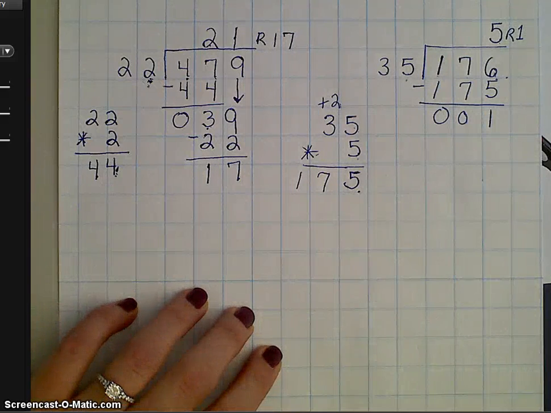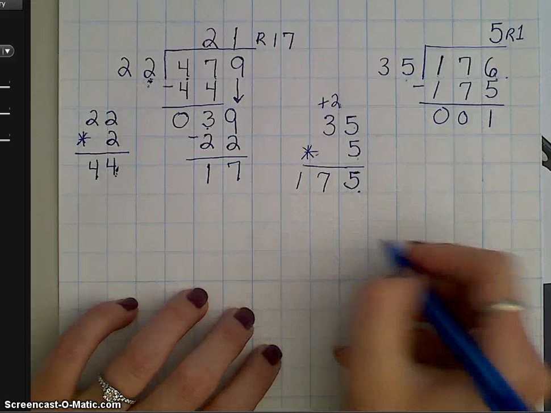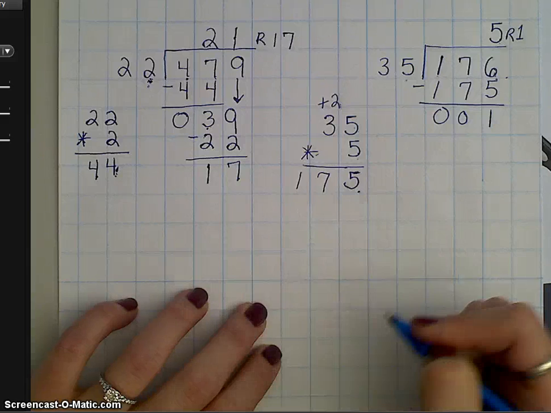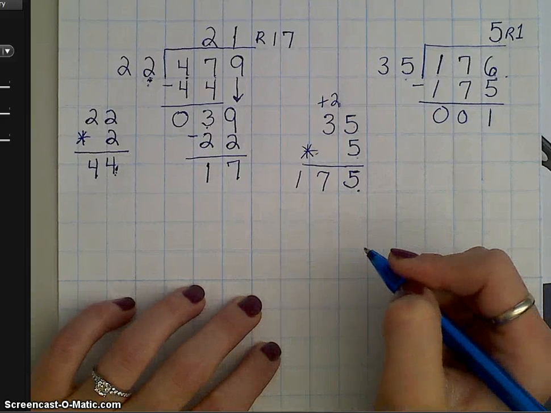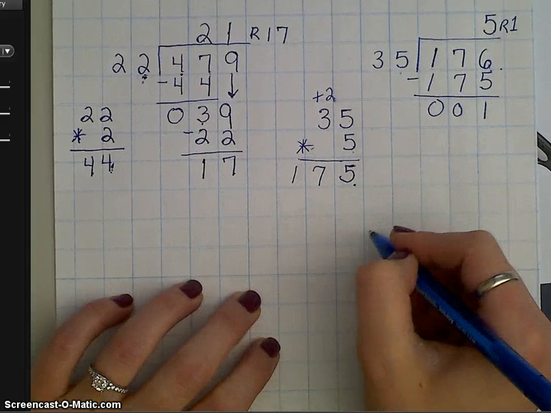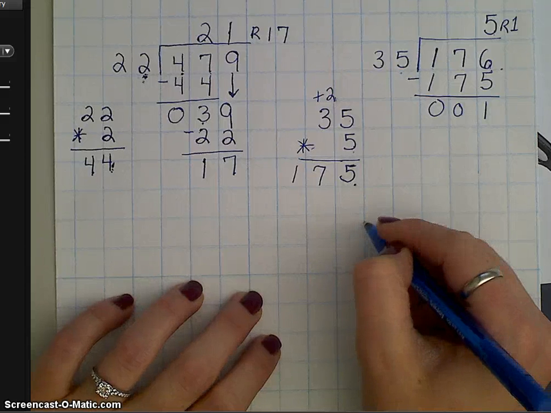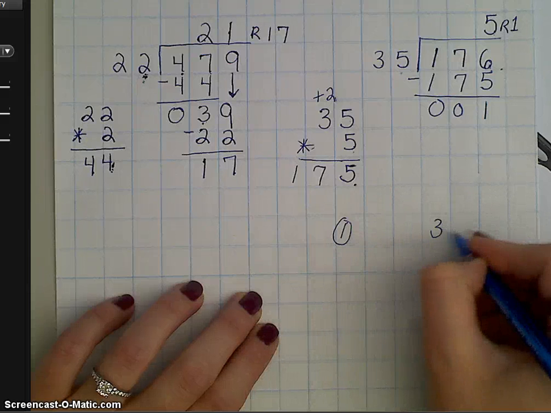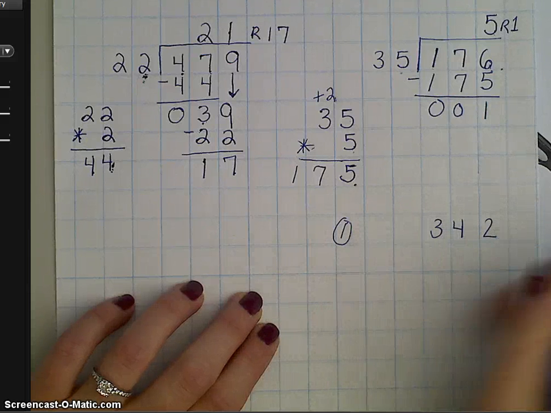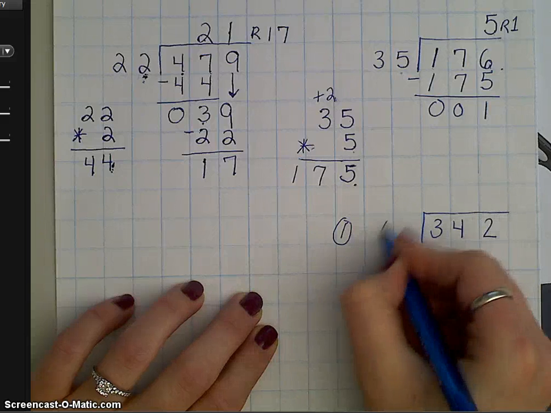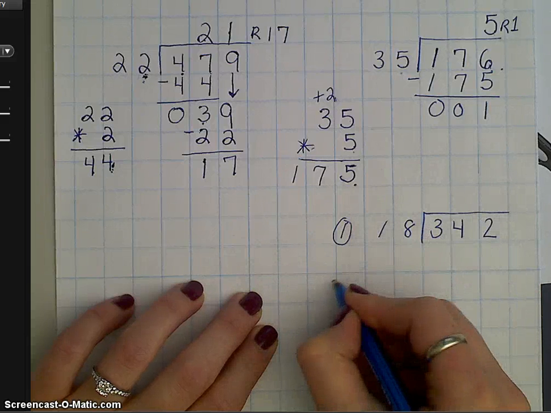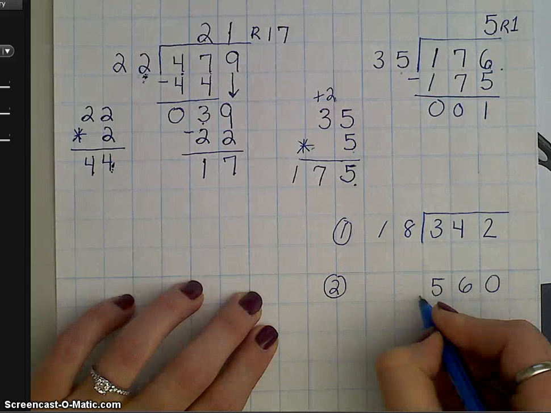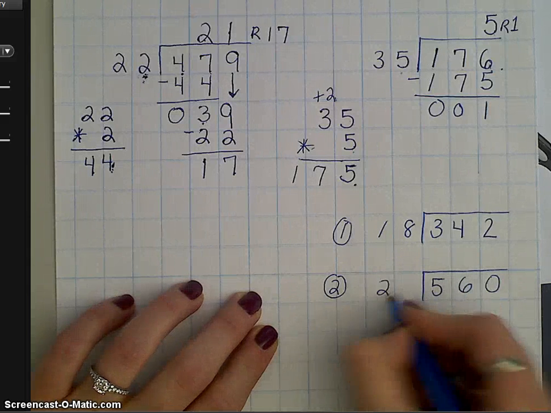Okay, so we're now going to have you try a few problems on your own. Remember, write each problem down on your graph paper. Make sure you have one number per box when you solve them. Number 1, 342 divided by 18. Number 2, 560 divided by 28.